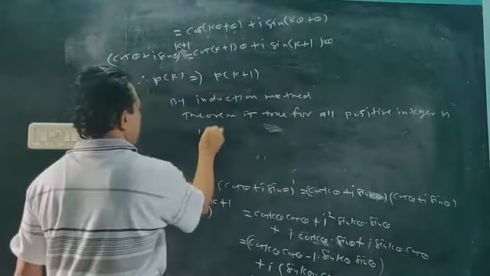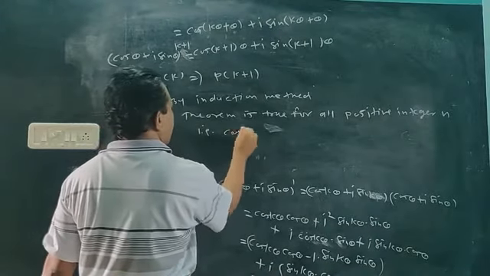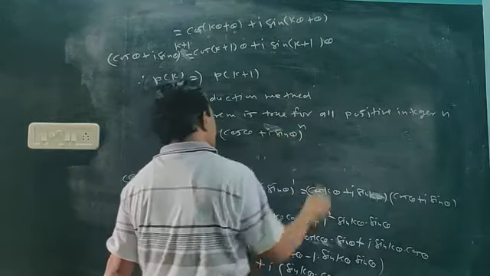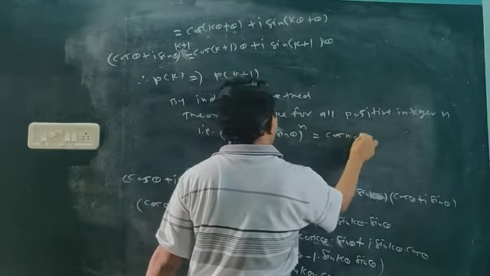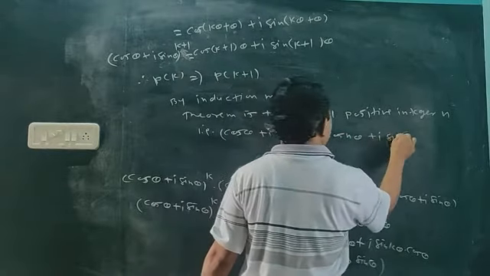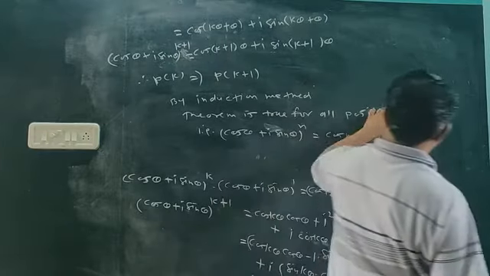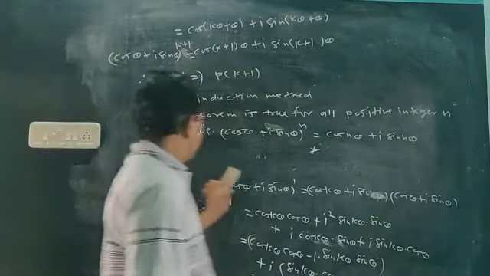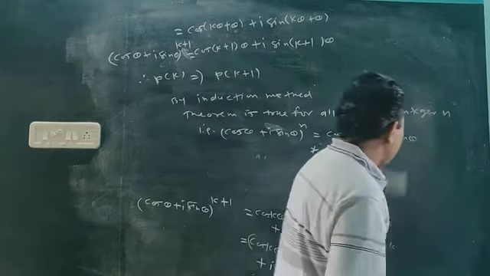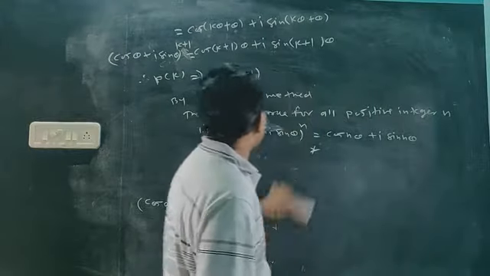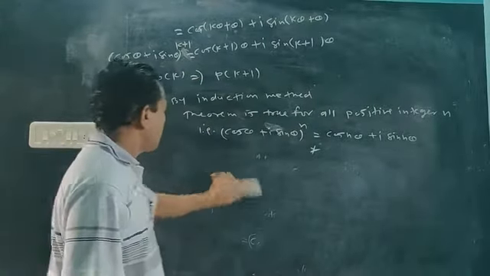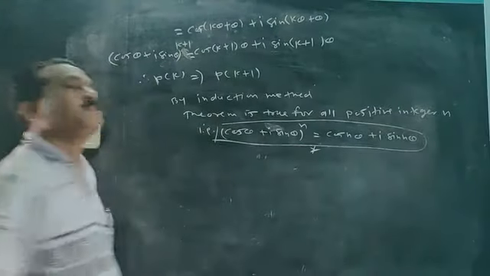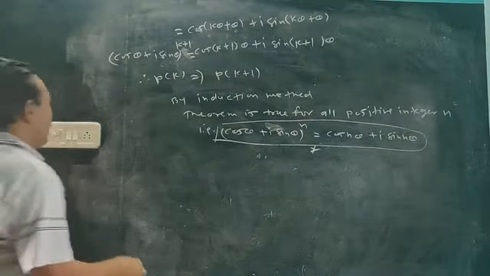That means the theorem: (cos theta plus I sin theta) raised to power n equals cos of n theta plus I sin n theta. This is the positive case, n is a positive integer. Remember this statement from the problem also.